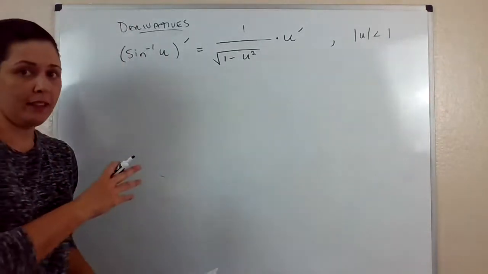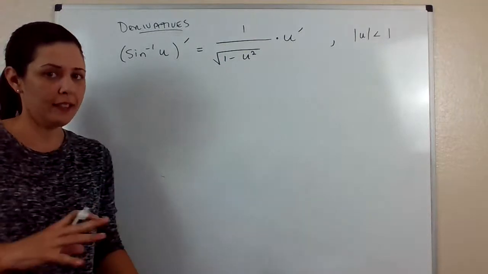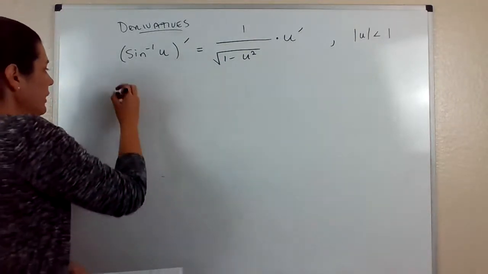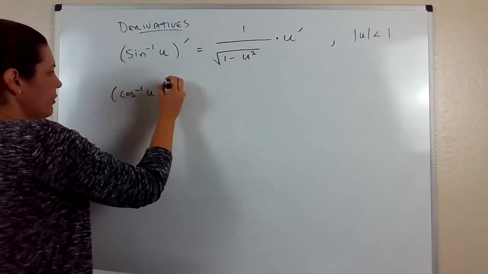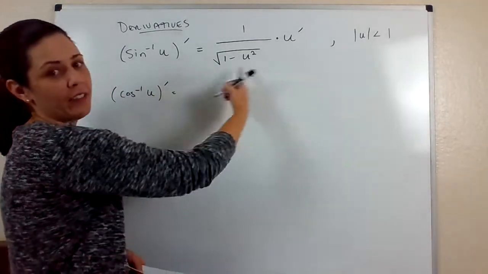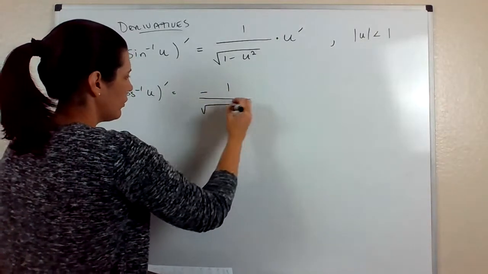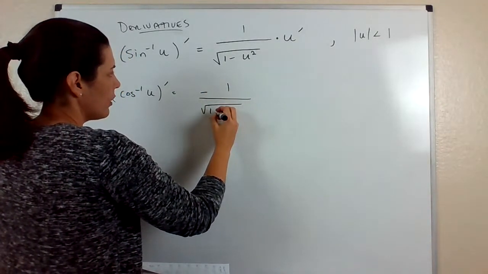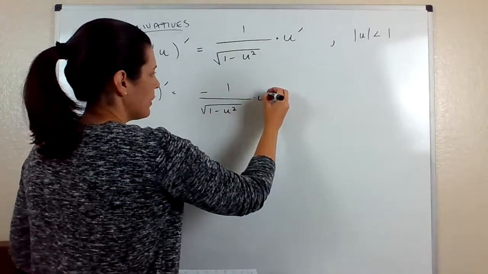And like I said, there's 6 definitions here for the derivatives, but you're going to see that it really only looks like 3. So cosine inverse, this derivative is the negative of this one. So negative 1 over square root 1 minus u squared times u prime.